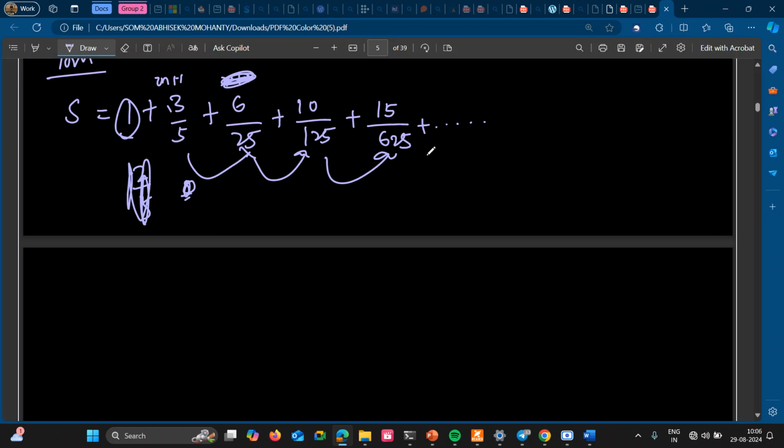I'm unable to... 3 into 2 is 6. We have to get a pattern. This is very important in this type of sum questions.